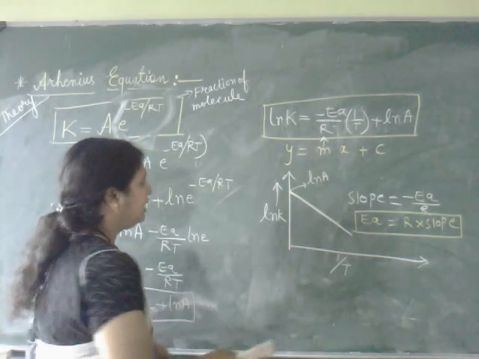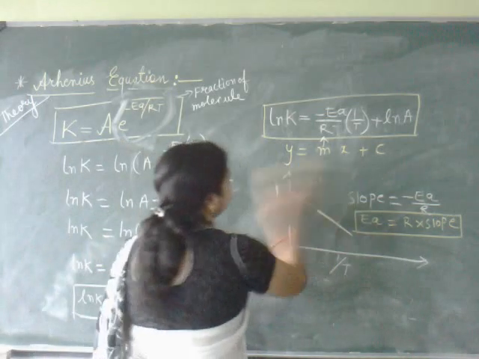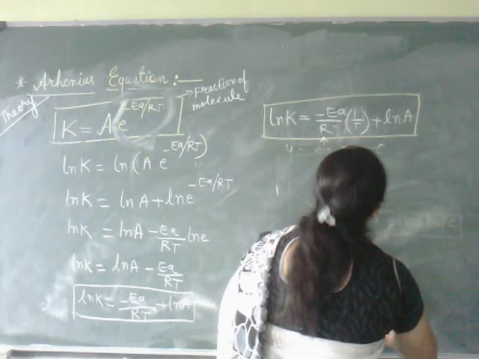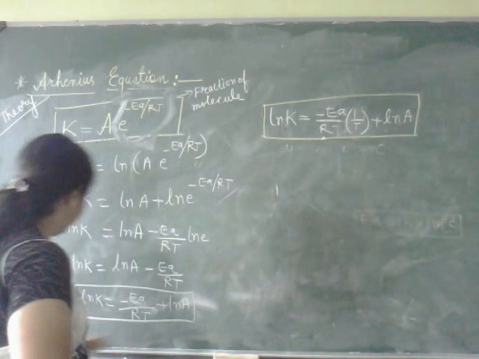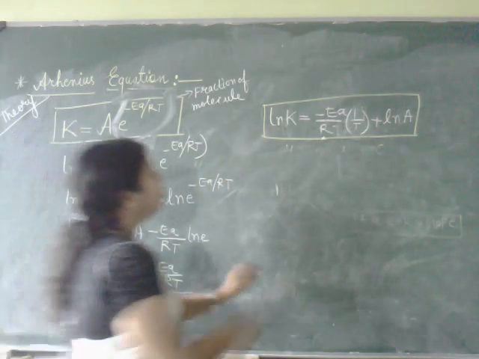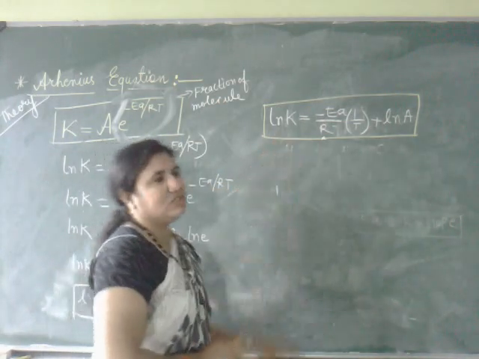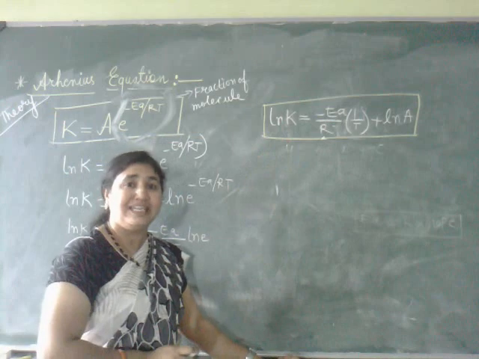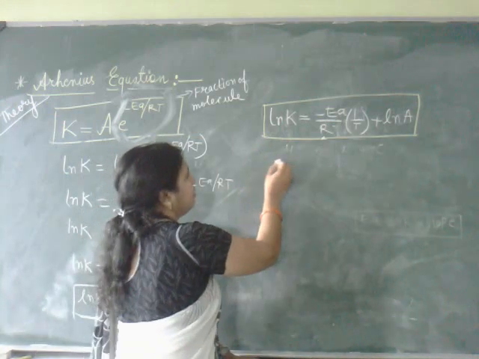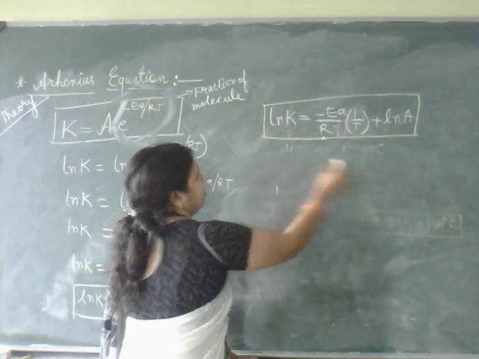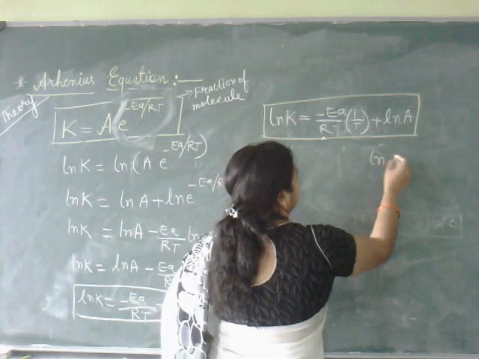Okay, next, for the same reaction, now we want to convert this equation into log 10. This ln K means log to the base e. Now we want to convert it into the log 10 value.